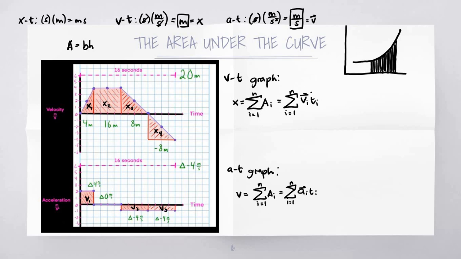Do we still use summation? No, because it would be very hard for us to find the sum of all the areas of an infinite number of rectangles, right? So in order to solve for the total area under the curve of a velocity time graph, we can use integral or integration. So we'll use integral.